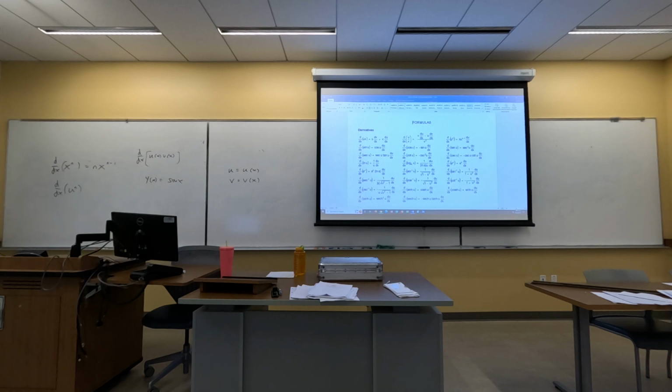That is not a variable u, that is a function. That's u of x. So now think of this as thing to the n. So what's the derivative? n times thing to the n minus 1 times the derivative of thing. And this is exactly what we've been doing. That's the chain rule. Does that make sense to you now?